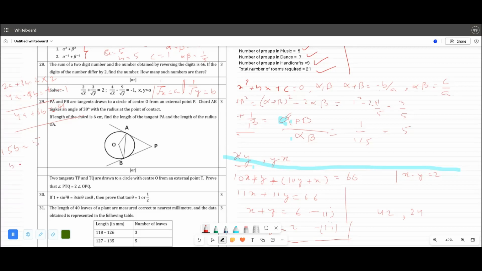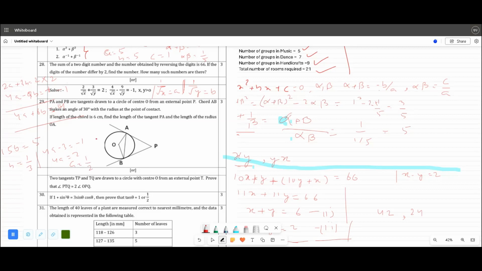Okay, that means b is equal to 1 by 3. Similarly, I'll achieve a. So I'll put b is equal to 1 by 3, so I get 4a minus 9 into 1 by 3 is minus 3 is equal to minus 1. So 4a is equal to 3 minus 1 is equal to 2. So a is equal to 1 by 2.